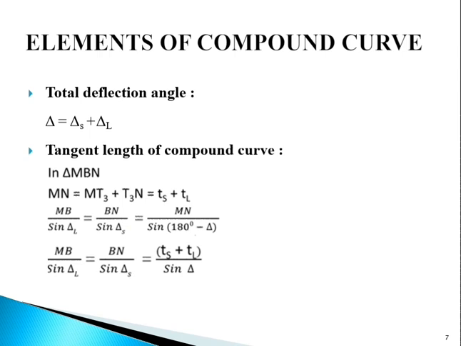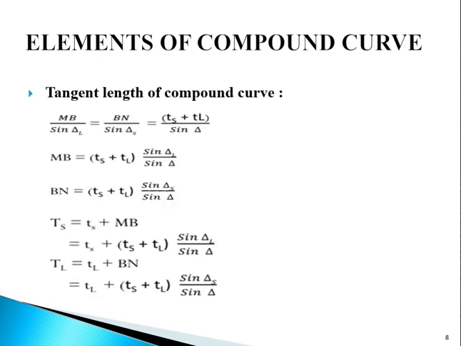Further simplified, MB divided by sine delta L is equal to Bn divided by sine delta S, which is equal to (Ts plus TL) divided by sine delta.